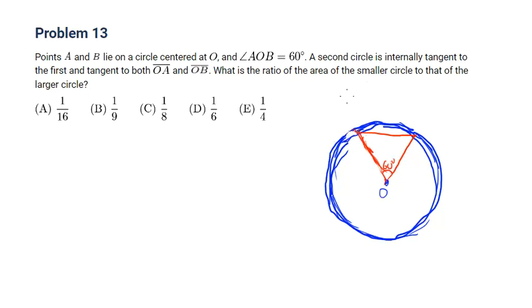A second circle, A, B. The second circle is internally tangent to the first. It's tangent to this circle and also tangent to both OA and OB. So let me draw this here. It's going to go here.